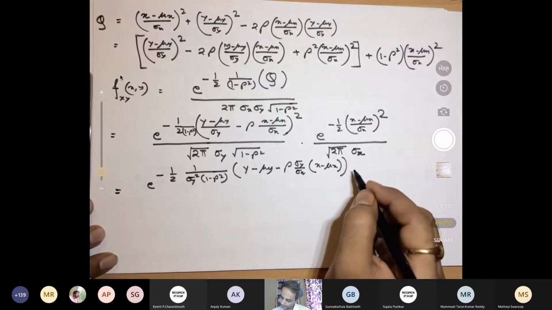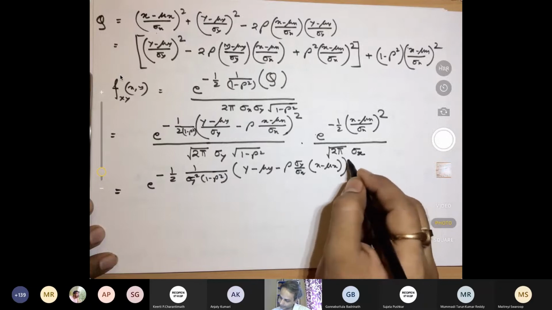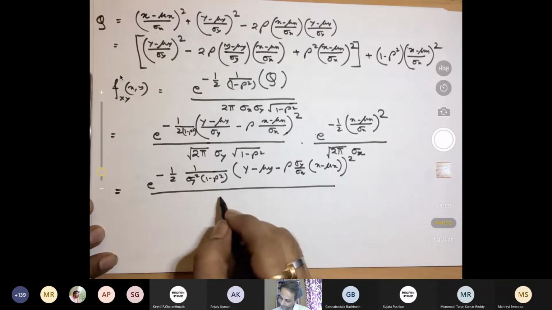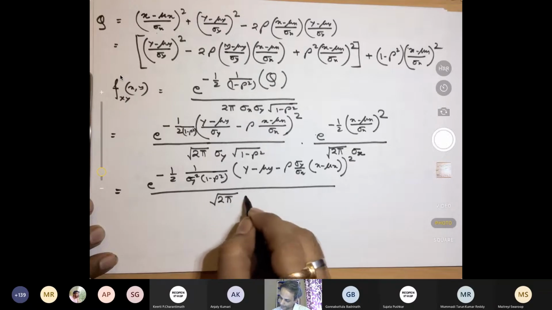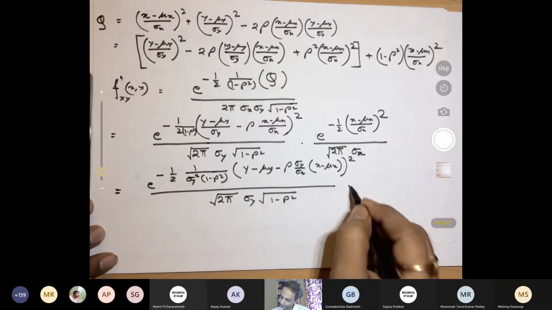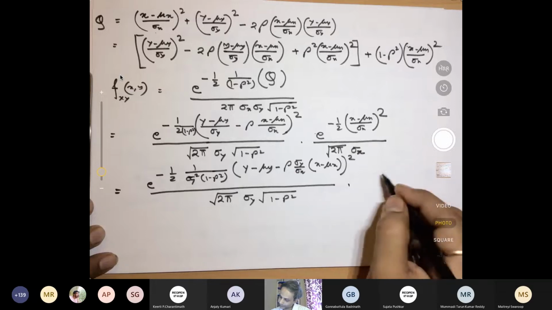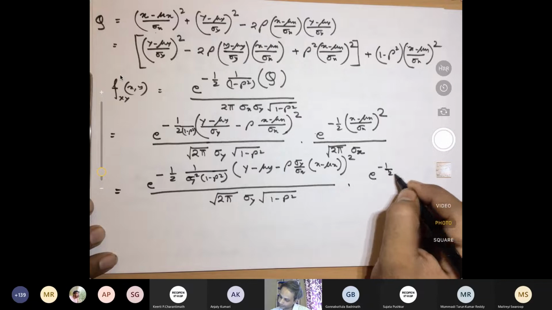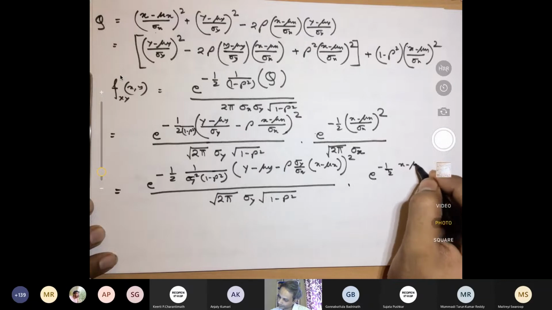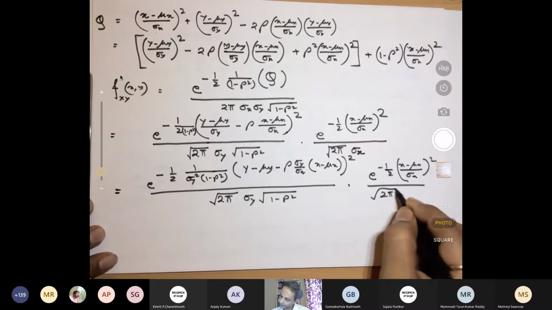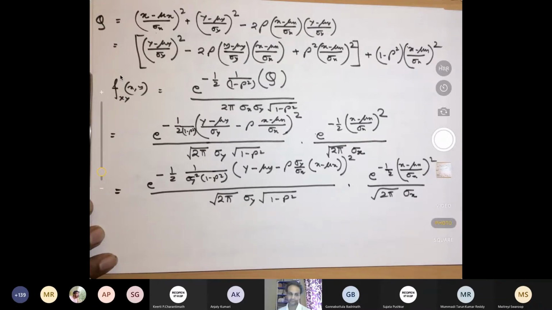This entire quantity square, whole divided by root 2 pi sigma y square root of 1 minus rho square, into the rest part as it is, e to the power minus half x minus mu x by sigma x whole square, whole divided by root 2 pi sigma x.